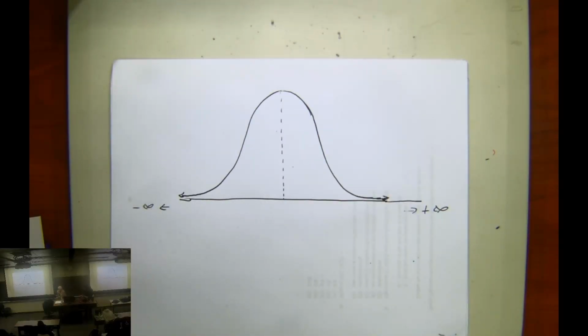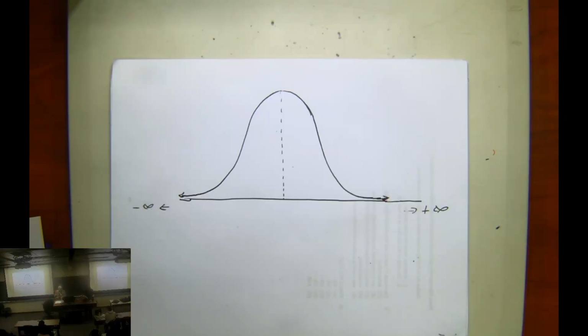What's kind of the cool part of this thing is the point where you go from accelerating to decelerating. What do you label that point? That's the point of inflection, okay?